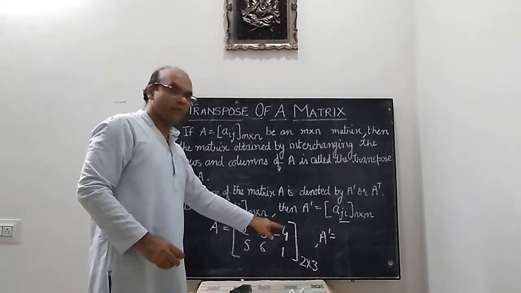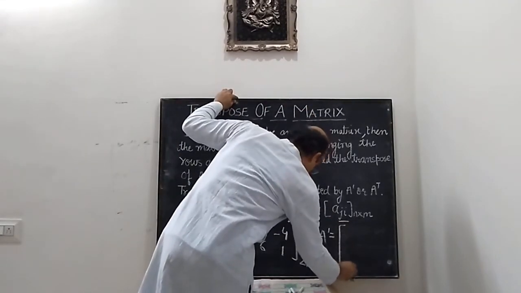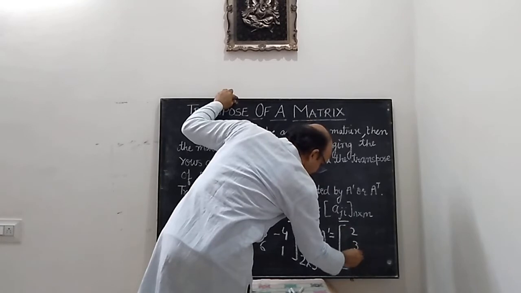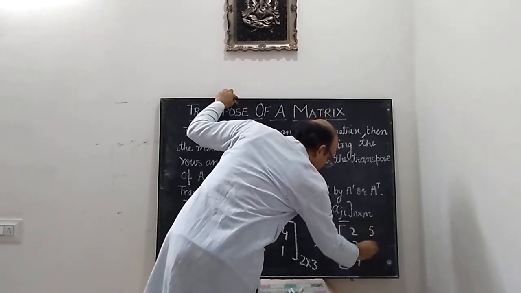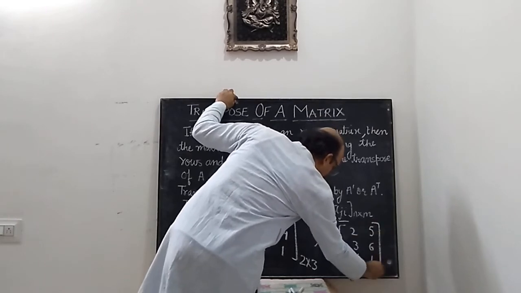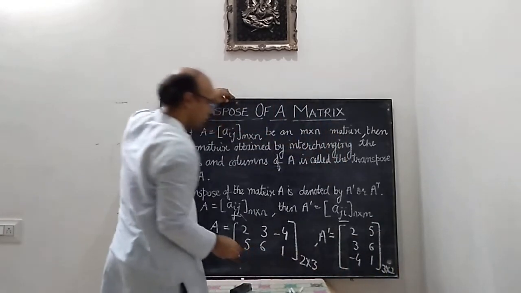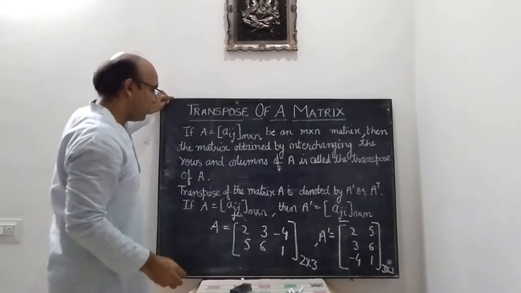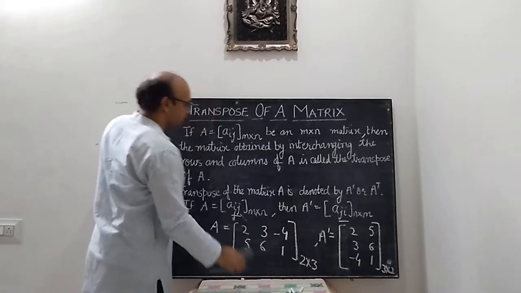The first row becomes the first column and the second row becomes the second column. This is 2, 3, minus 4, and then you have 5, 6, 1, and this will now be a 3 cross 2 matrix. So this is an example of a matrix and its transpose.